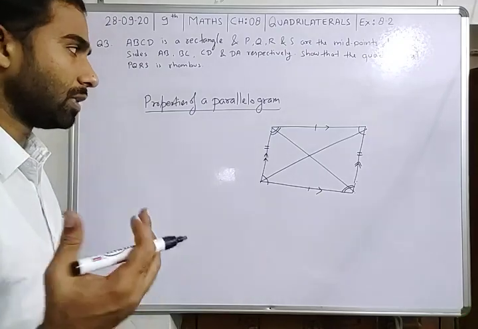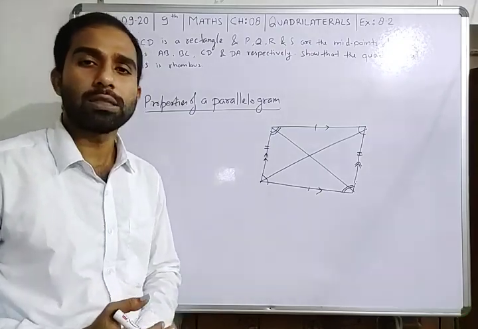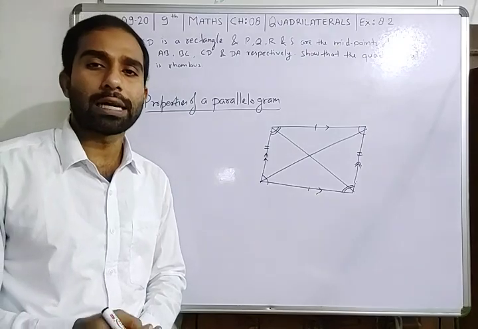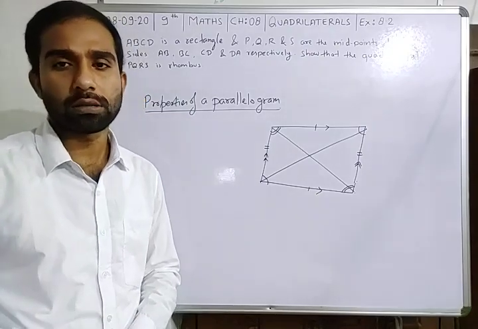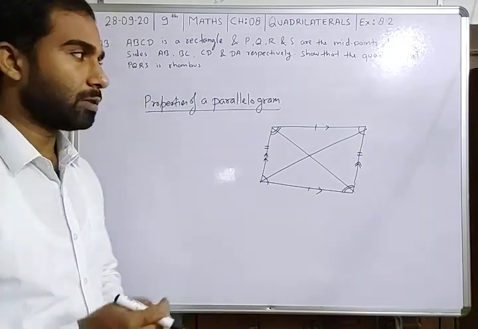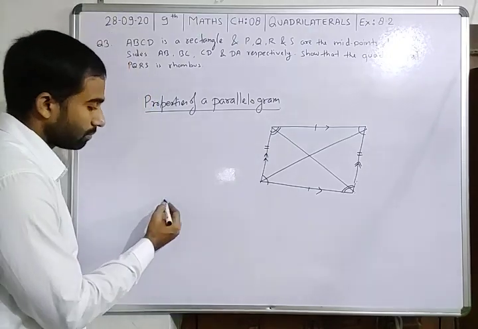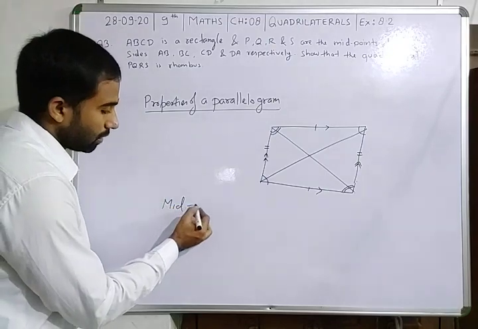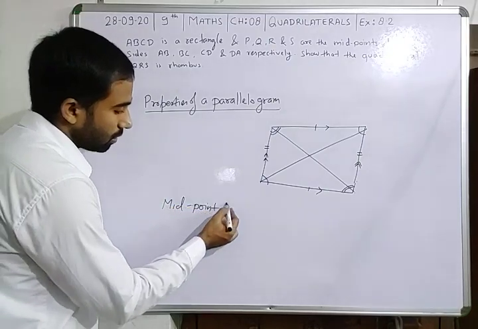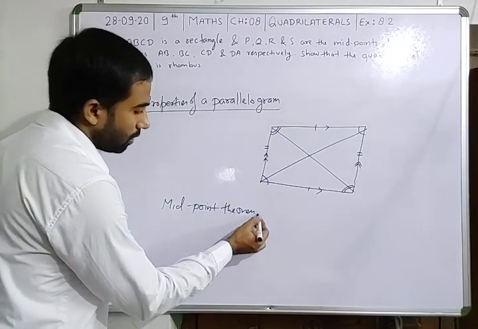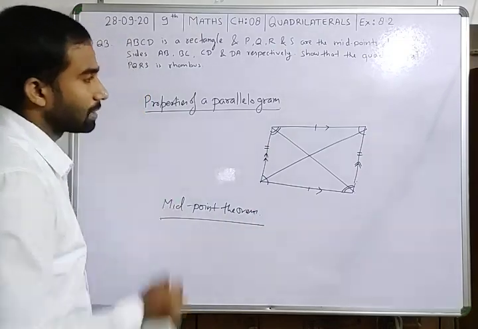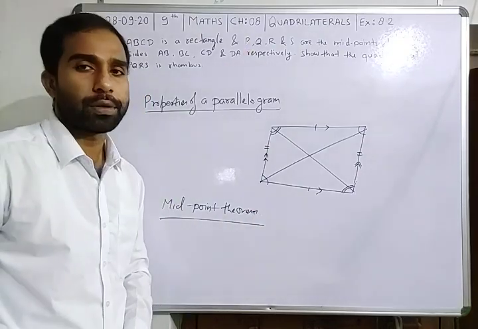And special types of parallelogram, you can consider rectangle, square and rhombus as parallelograms in special cases. And another thing is the midpoint theorem. Only two things are in this chapter.